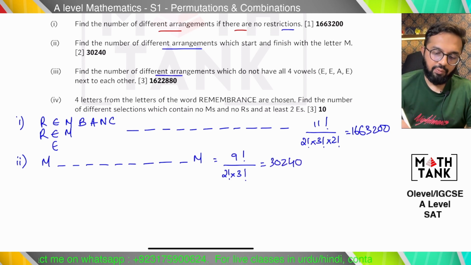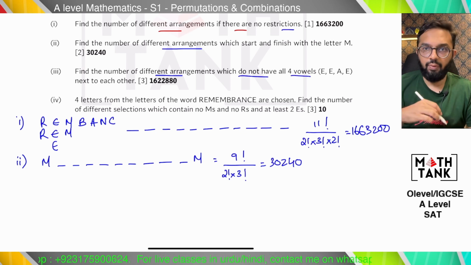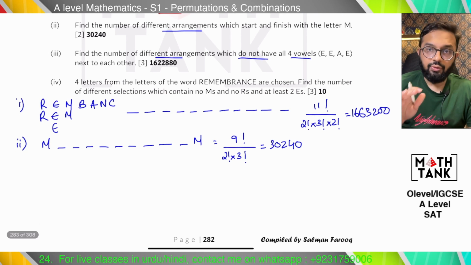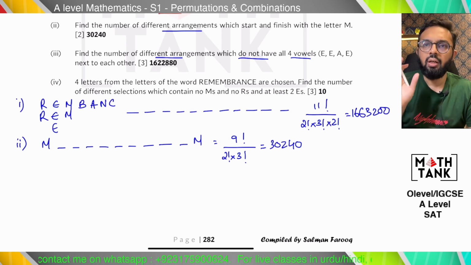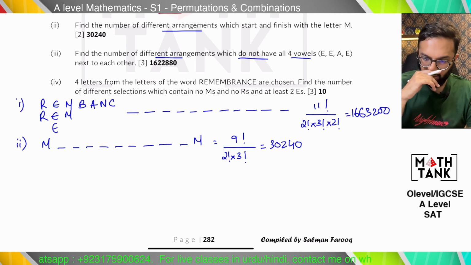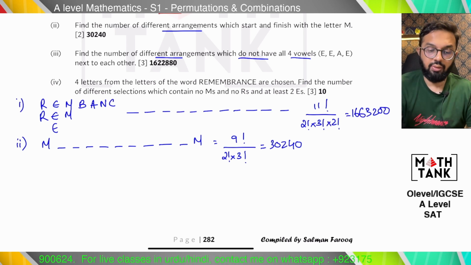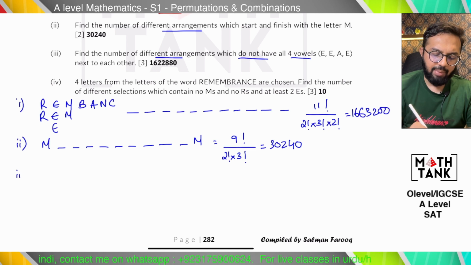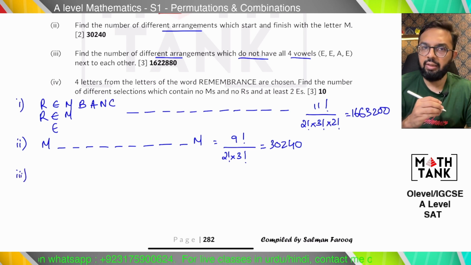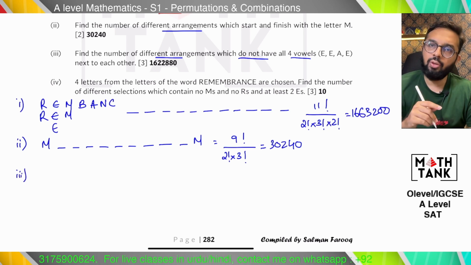Then it says find the number of different arrangements which do not have all four vowels next to each other. So there can be three together or two together, but all four cannot be next to each other. Okay, so I'm not asking you to separate them completely. I'm just telling you to make sure that all four are not together.